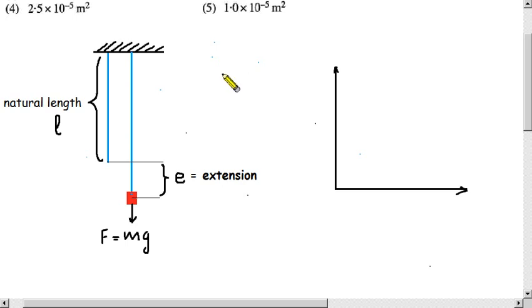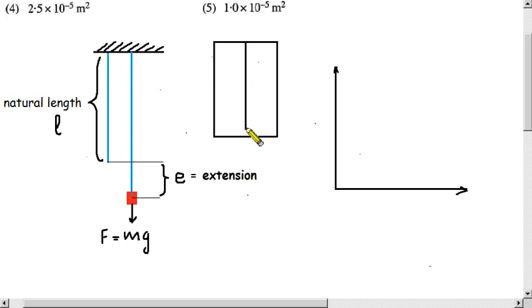So now we can fill a data sheet like this. F, the force, in one column, and the extension in the other column.